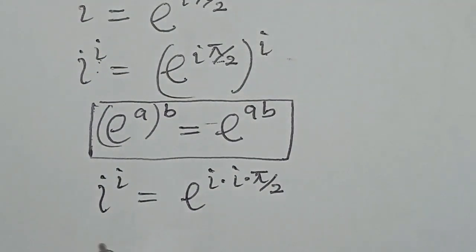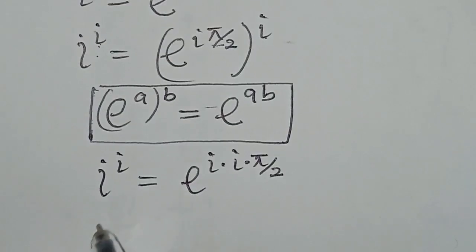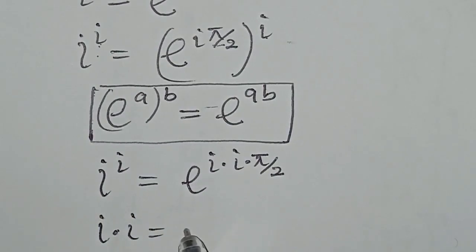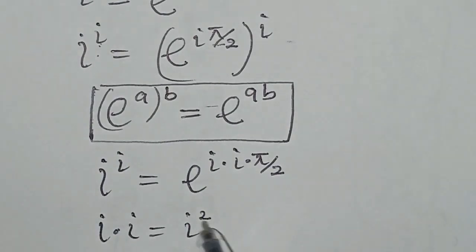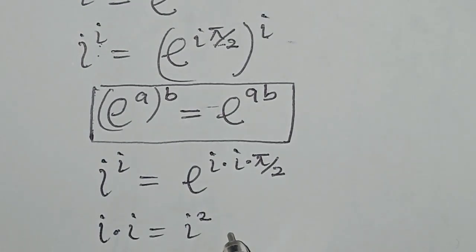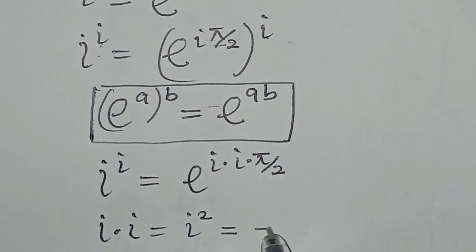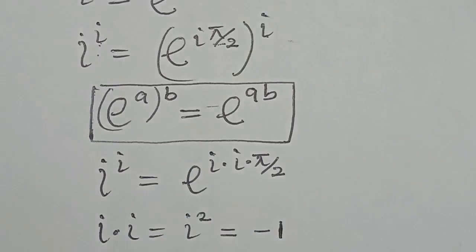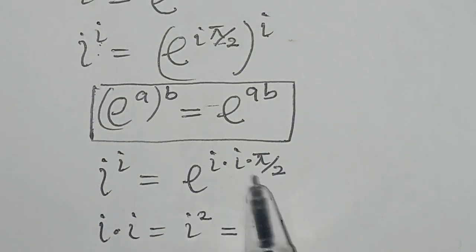But what we know is that if we multiply i with i, we will get i squared. And this i squared is given by minus 1.